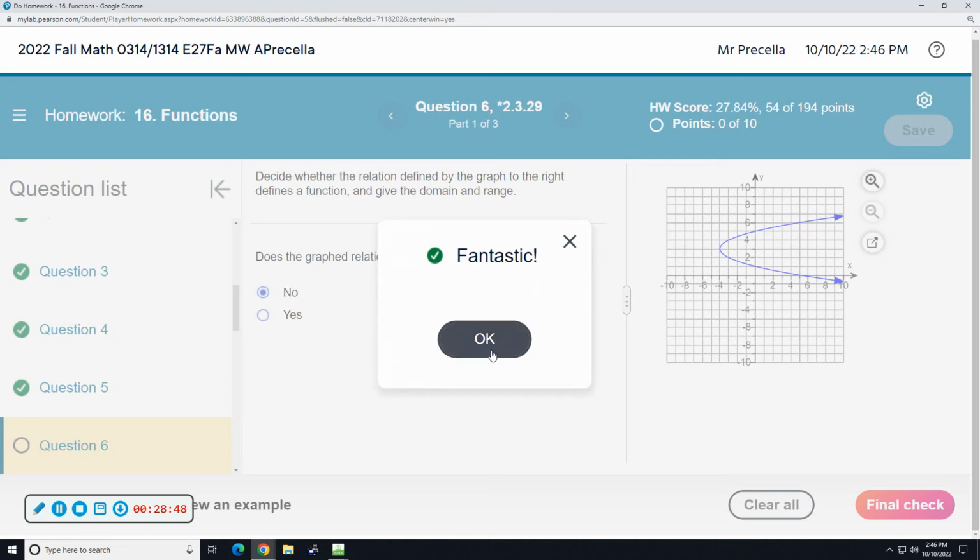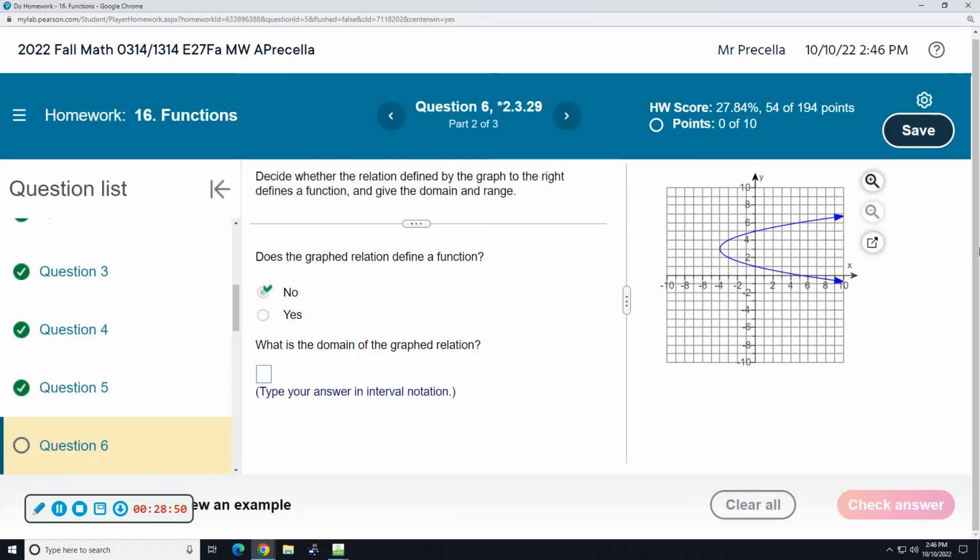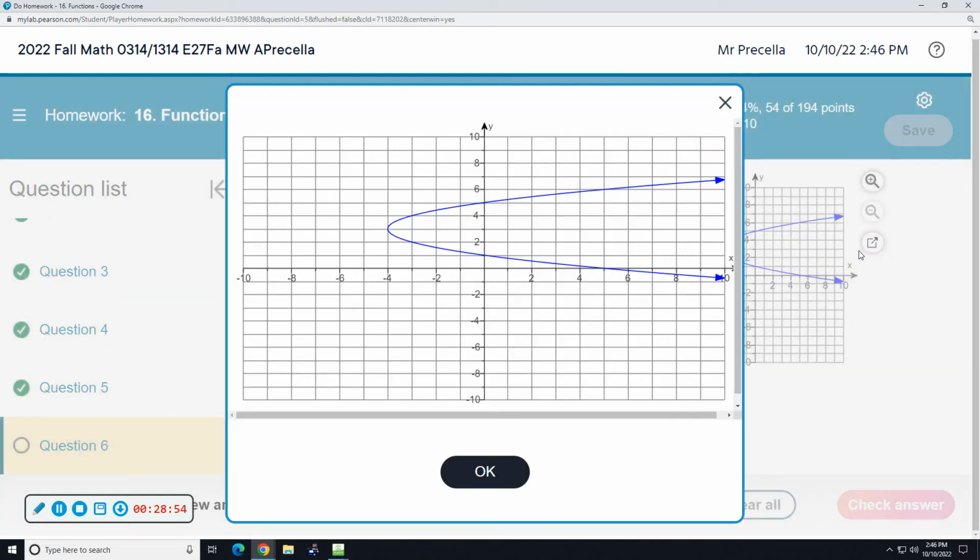Now, it's about to ask for the domain and range, and I like this because here it's not just negative infinity to infinity. Look at the graph. Starting at negative 10, go all the way across the x-axis. The graph isn't going from negative 10 to positive 10, is it?